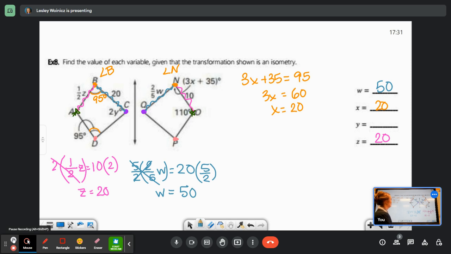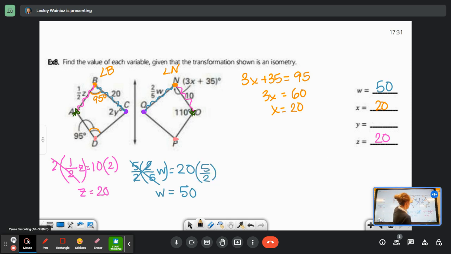Okay, I guess there's no time better than the present to tell you that the sum of the interior angles of a quadrilateral is 360 degrees. I don't know how else you have to know that to solve this problem. So I'm telling you now.